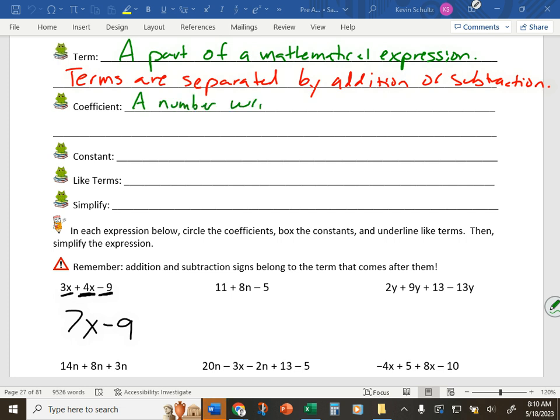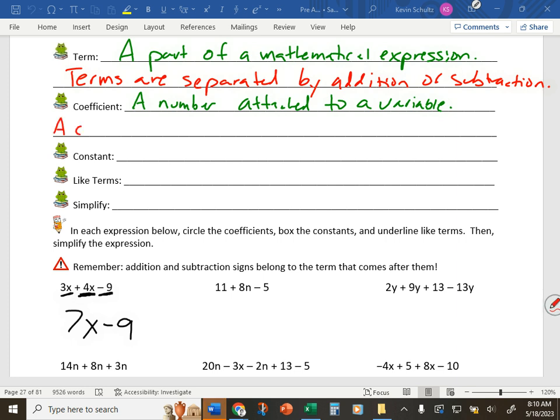Okay, a coefficient is a number attached to a variable. And what the coefficient does, this is the important part, we'll do it in red.